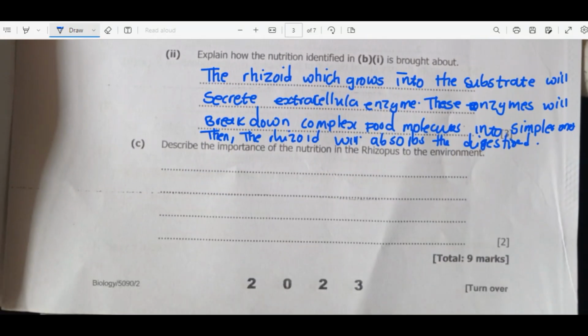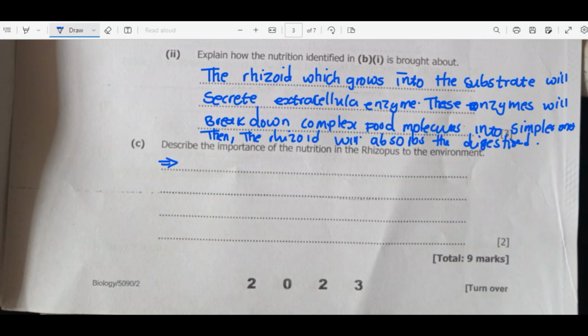Describe the importance of the nutrition in the rhizopus to the environment. So maybe this one, let's not just look at the importance of nutrition, but let me see if I can just summarize the importance of a rhizopus. Why do we need rhizopus?